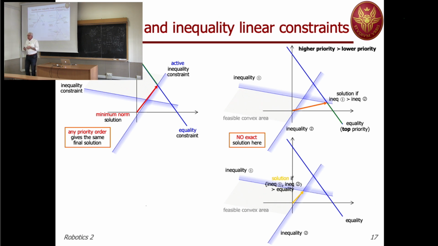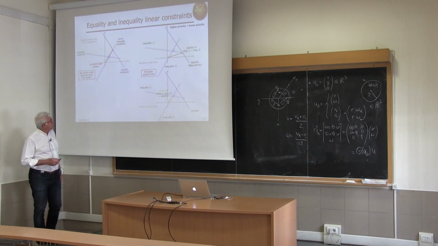You see that you can generate different possible solutions by considering different priorities in your set of equations and linear inequalities when you don't have an actual feasible solution for all constraints.